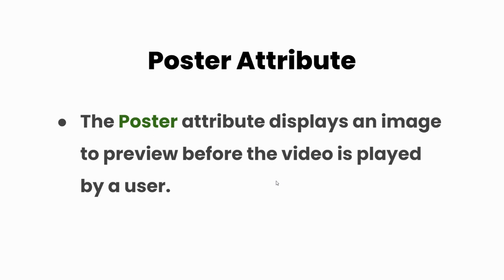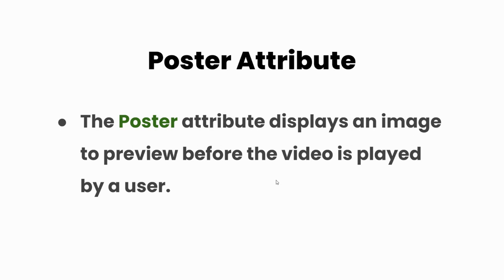So that means when you visit the video for the first time, you wouldn't see the play button yet. You'll just see a picture, probably something to depict that, okay, this is the video that is about to be shown. But the moment you play that video, the image disappears and your video starts.